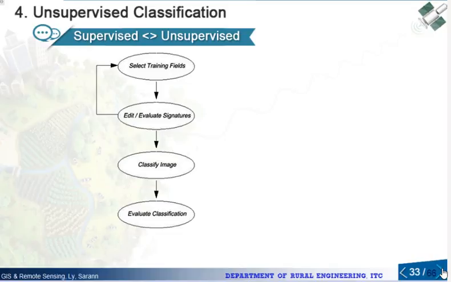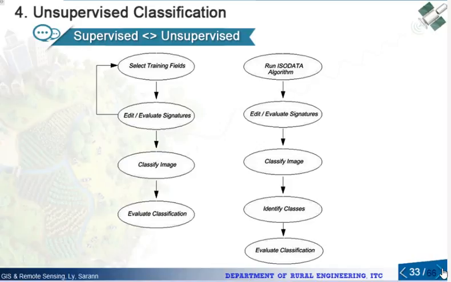For unsupervised classification, it is a little bit more steps. We need to run the ISODATA algorithm. We can also evaluate the signature. We can classify the image. We can identify classes. And then we can evaluate the classification. So for both methods, we need to evaluate our classification.